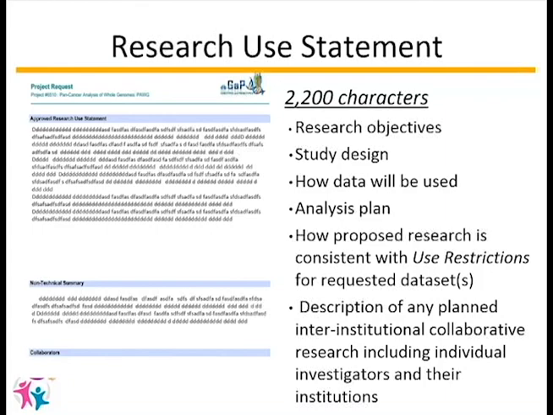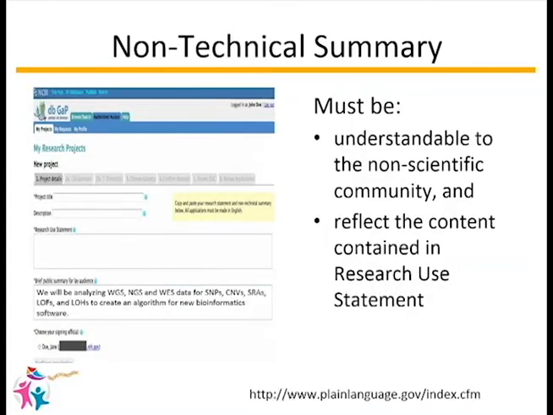The other piece is this non-technical summary. The non-technical summary must be understandable to non-scientific communities and reflect the content contained in the research use statement. And this is really part of the expectation of plain language that we have with the federal government. So here's an example that what we may think is really clear really is not clear.